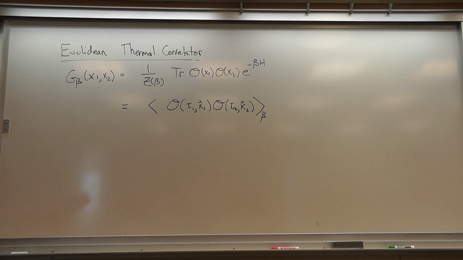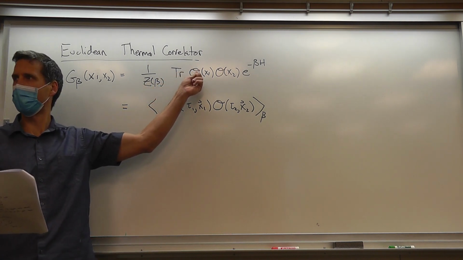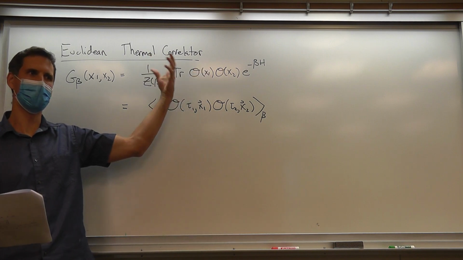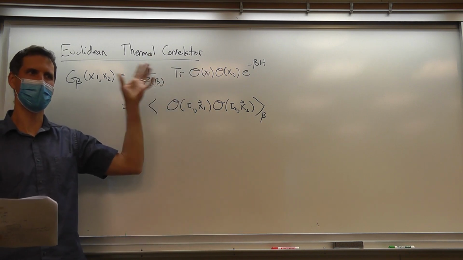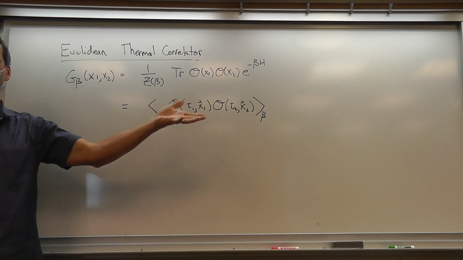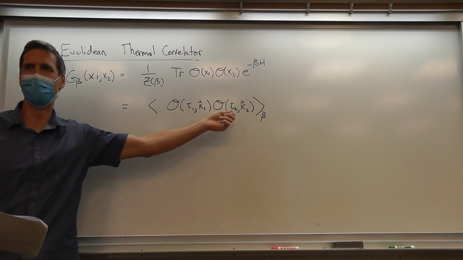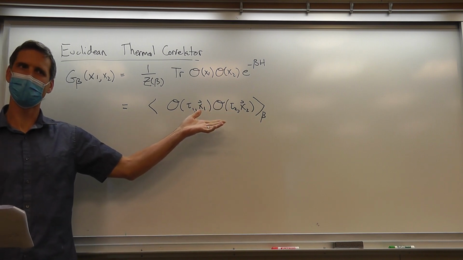Now we could write this density matrix as a path integral and reinterpret it in terms of operators and so on, and go through exactly what we did for calculating the trace. But it's clear what's going to happen. We're just going to end up with the same path integral, but now with these operators inserted into the path integral.